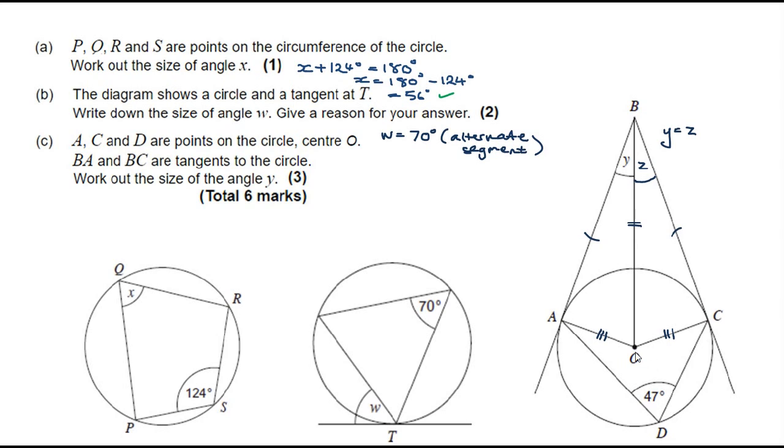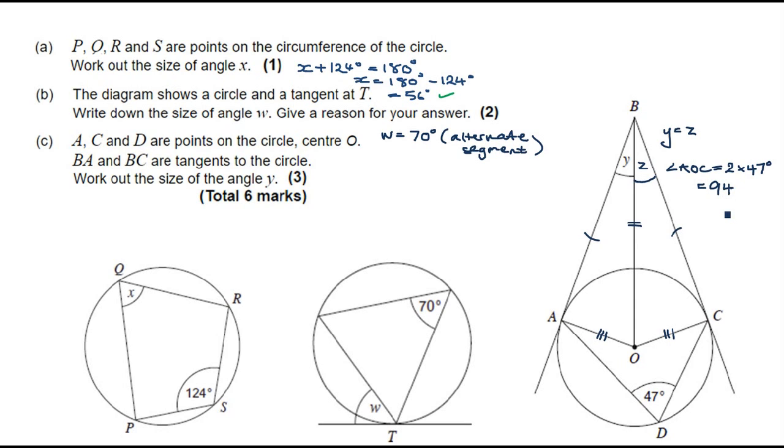So let's write that down carefully. Now we haven't got any algebraic notation here, so I'm just going to say angle AOC equals 47 plus 47, so 2 times 47 degrees, which is 94 degrees.